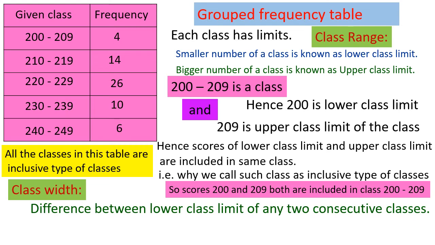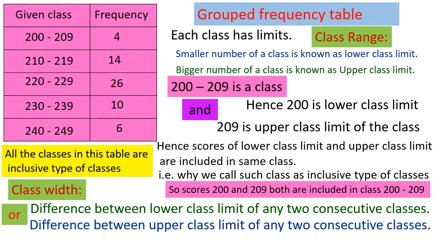The lower limit of the first class is 200 and the lower limit of the second class is 210. Difference means subtract. So what is the class width? It is 10 here.